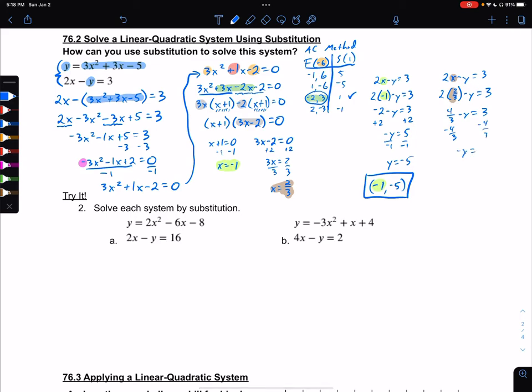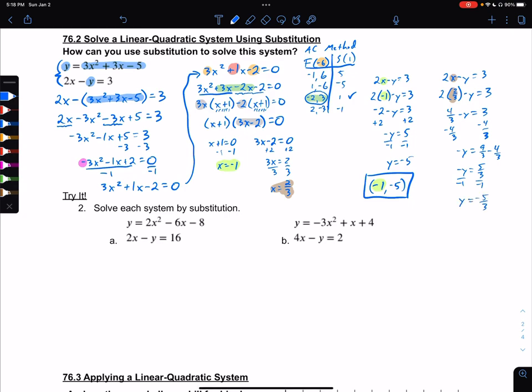So -y would be equal to, let's fix that. What does this work out to be? So 3 would be 9/3. So let's write that. We're going to change that to 9/3 minus 4/3. So -y equals 5/3. This is an ugly problem. Divided by -1, y equals -5/3.